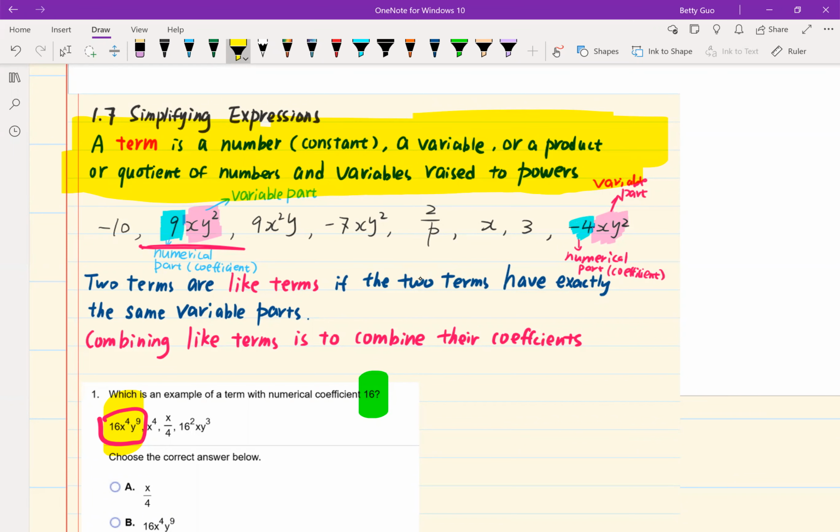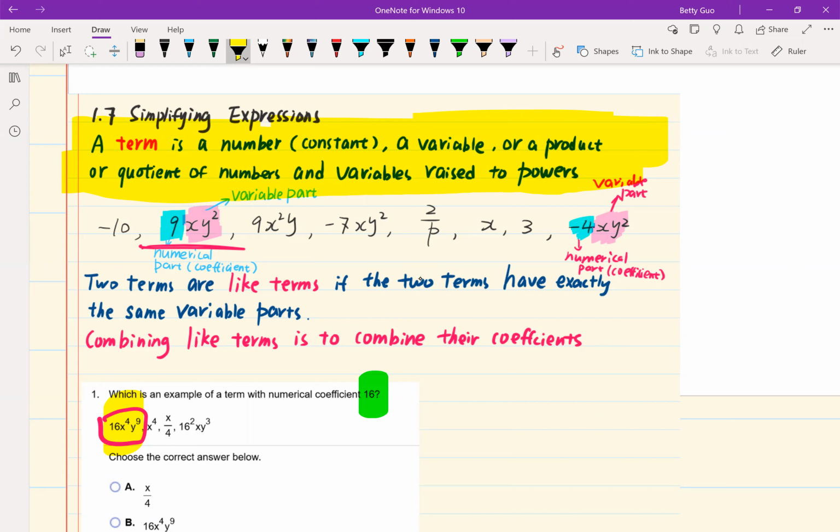And if in the expression you only see multiplication, division, exponentiation of numbers or variables, then the expression is a term. Do you see what I'm talking about here?